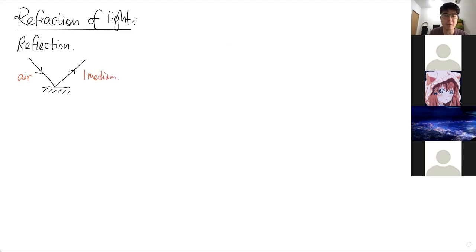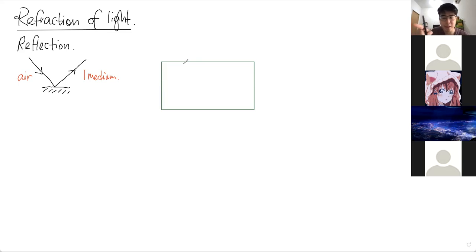When we talk about refraction, we are talking about two mediums. For example, when a light ray travels from air and enters a transparent glass block. Now let me draw it. Let's say here we have a transparent glass where light can flow through it.